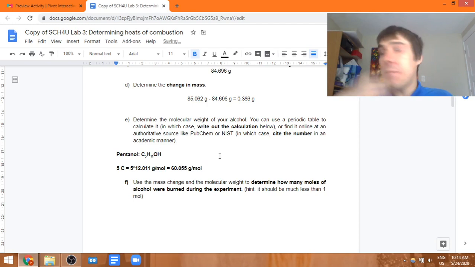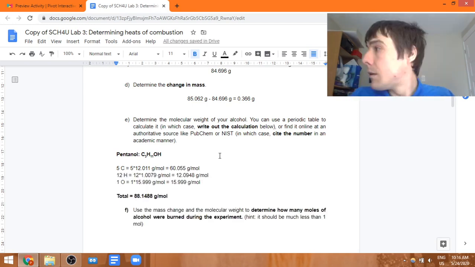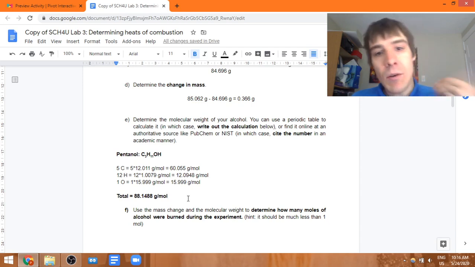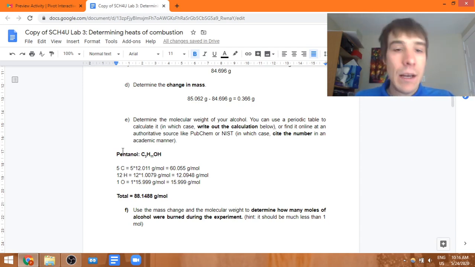I'm going to do the rest of them and then pause and unpause. And so I finished it, 5 carbons, 12 hydrogens, 1 oxygen, add them together, I get 88.1488 grams per mole.